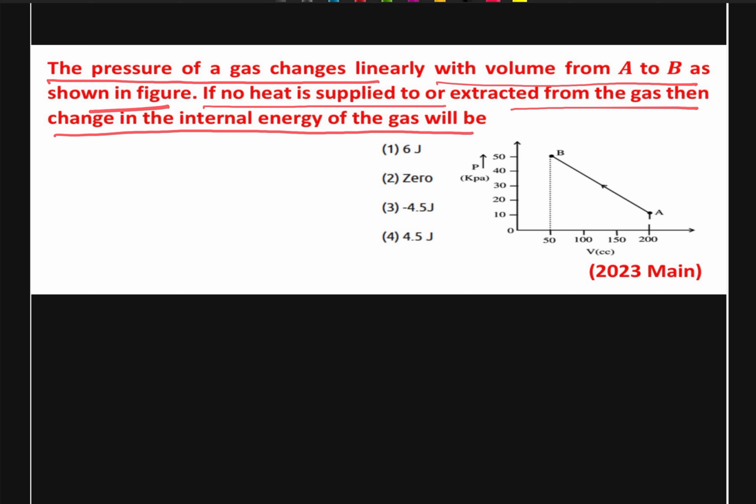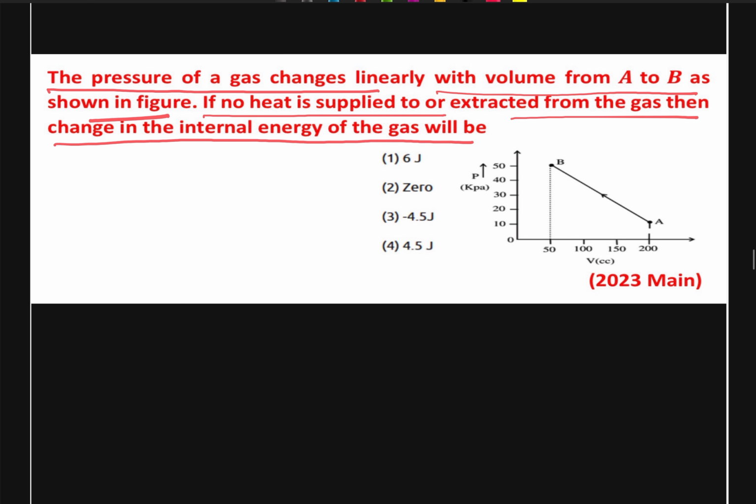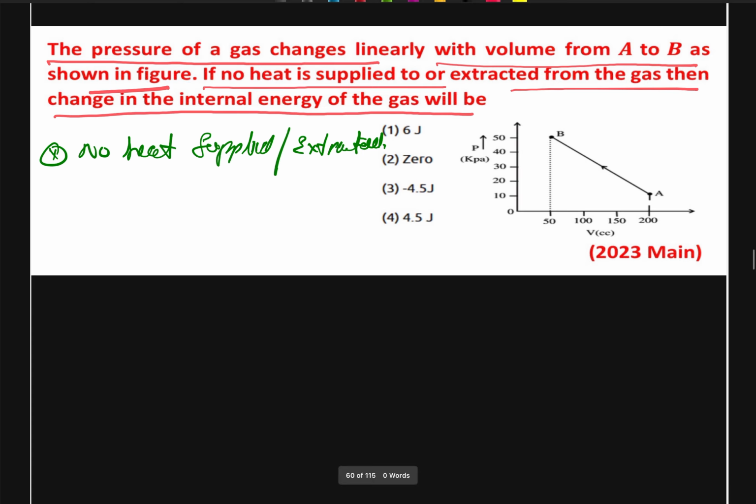In that, our delta Q will be equal to 0.